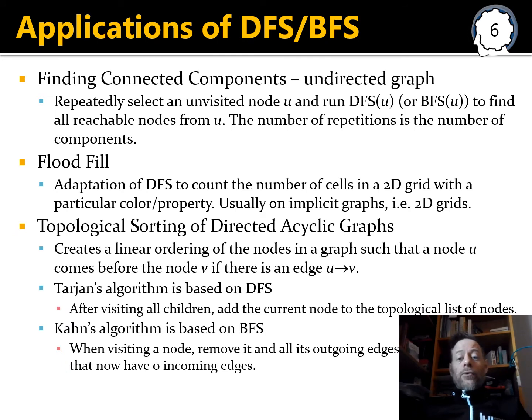We can also use this to do topological sorting of directed acyclic graphs. So in this case, there is a graph where all the edges have a direction and there are no cycles, so you cannot go back to a previously visited node. And here it's a topological sort.